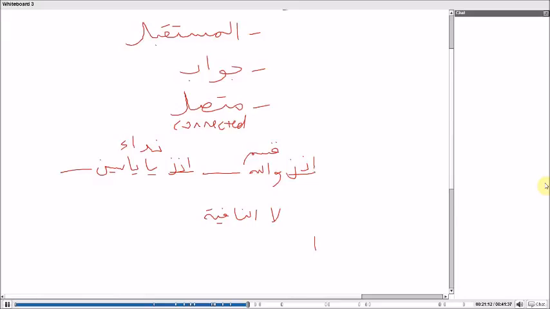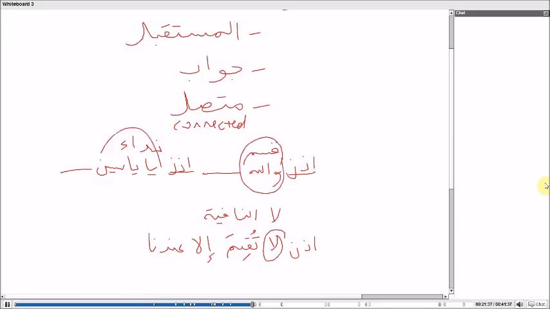So I say idhin la tuqima illa indana. These three things, this la of An-Nahw, this qasam, and this nida, they will not prevent the nasb of the fi'l mudari.